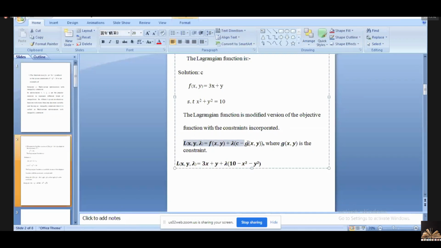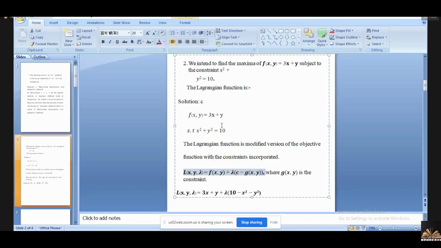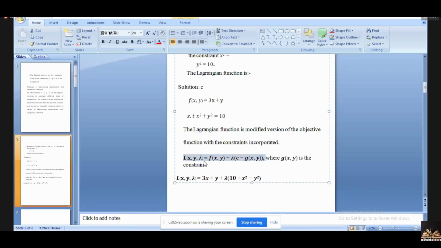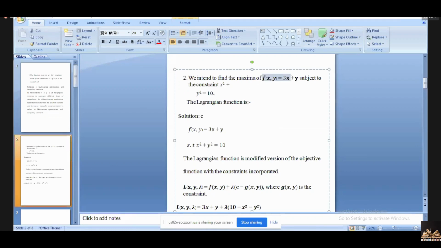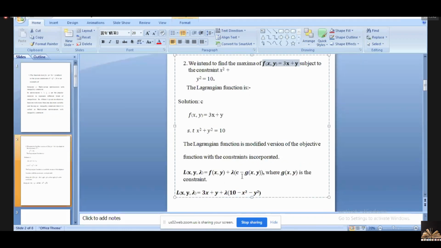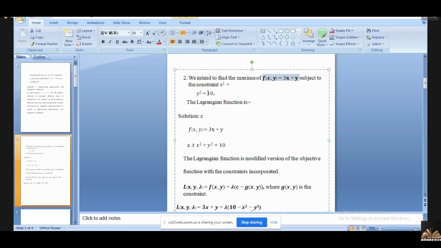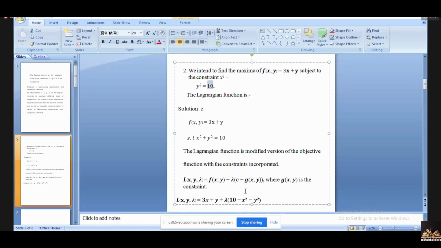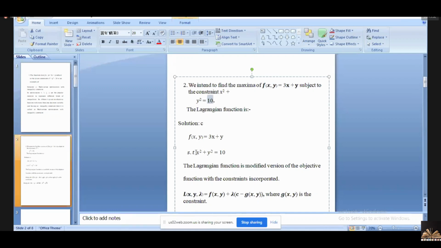This is the format. L is represented as a Lagrangian function of x comma y comma lambda. Here x and y are the variables involved in the objective function. For this, you write the Lagrangian function equal to f of x comma y, that is this function, plus lambda of c minus g of x comma y.